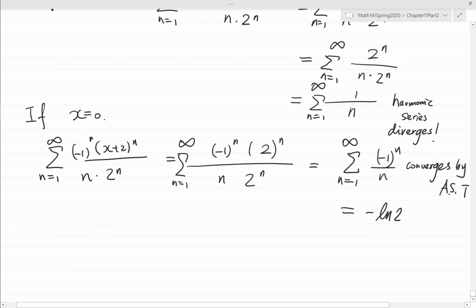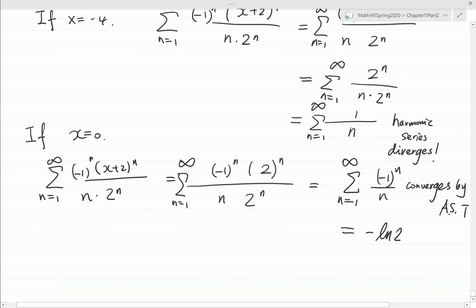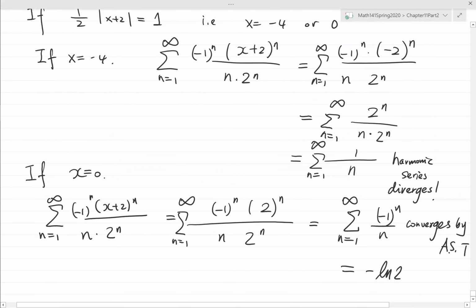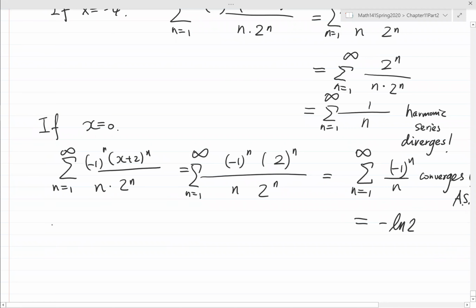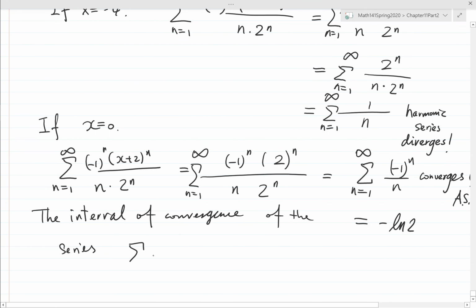Okay, so we know it converges at 0 and diverges at negative 4. So we can conclude the interval of convergence of the series, the sum of negative 1 to the power n, x plus 2 to the power n over n times 2 to the power n, is negative 4 to 0.